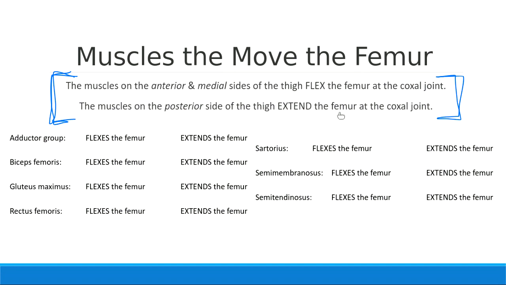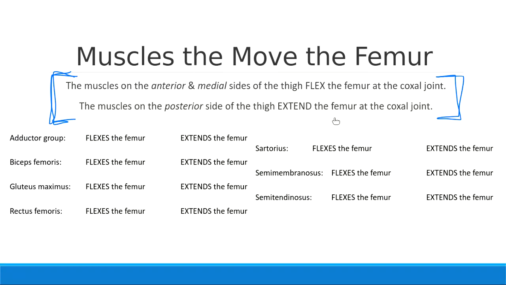So what I want you to memorize is the general locations. And remember I told you to use your body. I hope that some of you, if not most of you, are putting your hands on the front side, the top of your thighs. That's anterior, the front side, and telling yourself out loud, or at least in your head, that the muscles up here do flexion.